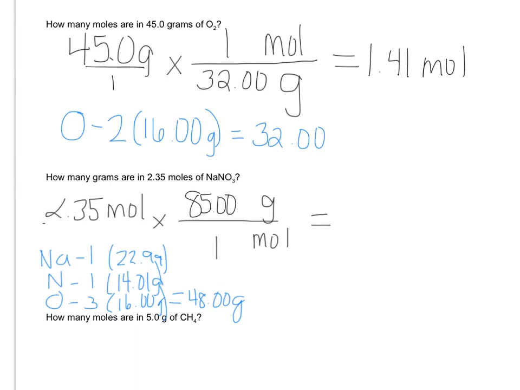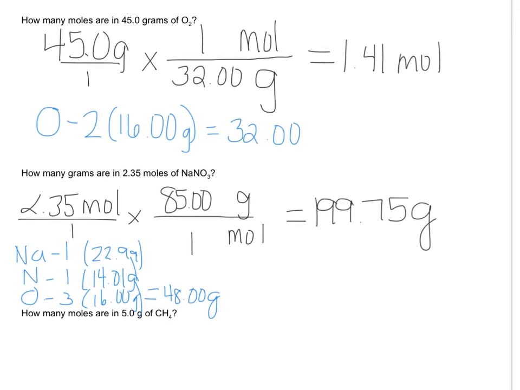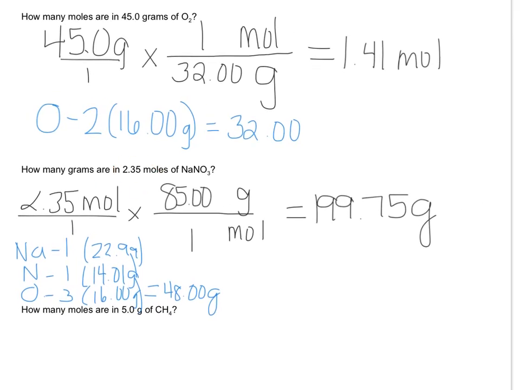This math, again, if you want to put it over 1, go ahead. We're just multiplying across, so 2.35 times 85. When you put this in your calculator, it will come out to be 199.75 grams, which is a little tricky to write in significant figures because we want 3 sig figs. So we need to round this.